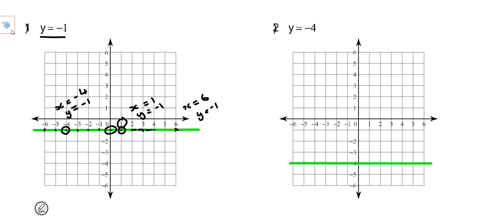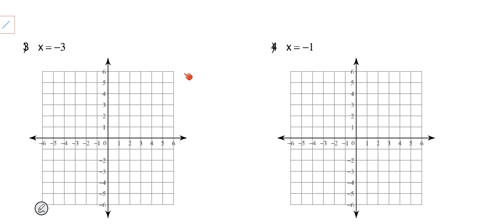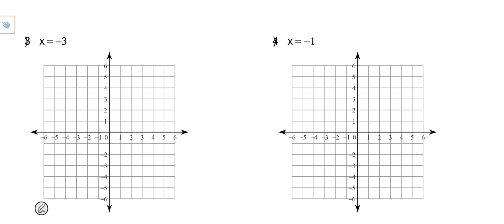Okay? If we go down, this time we've got the x's, so the y coordinate can be anything it likes, but the x coordinate will always be -3. And what does that look like? Vertical line going through -3. I should have kept on going. X is -1. Good job.